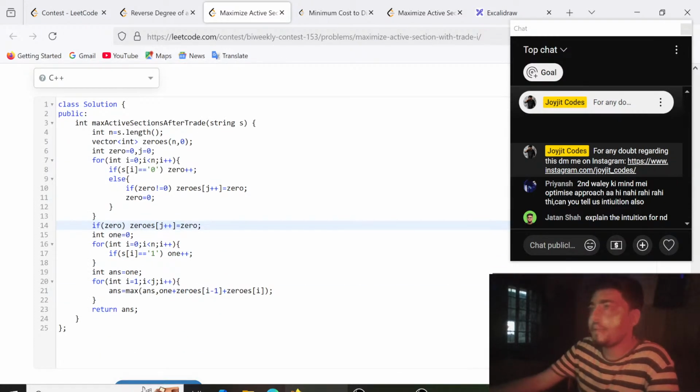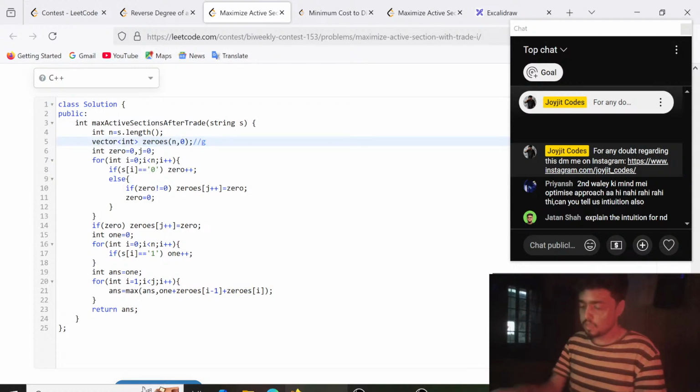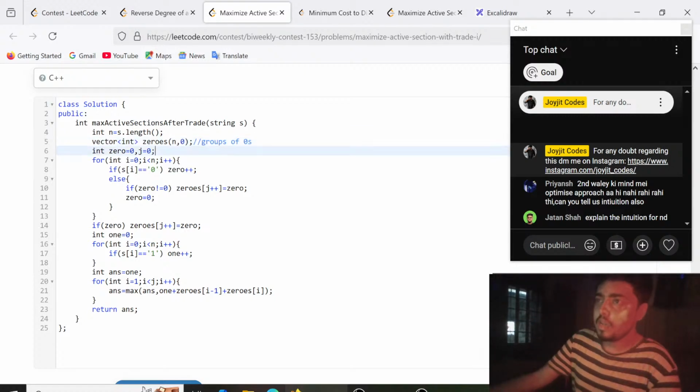It's like you're having a vector of zeros that is going to consider the number of zeros in it. You have zeros is equal to 0, j is equal to 0. So zeros is basically nothing but the groups of zeros, and this 0 is basically the count of 0.